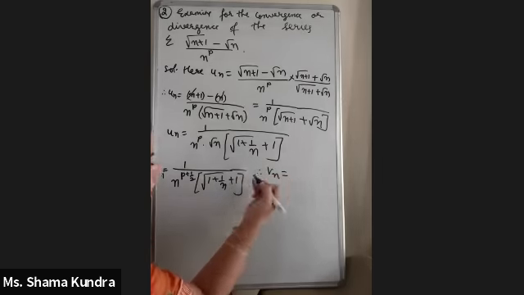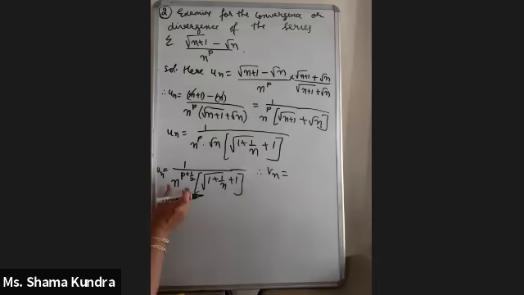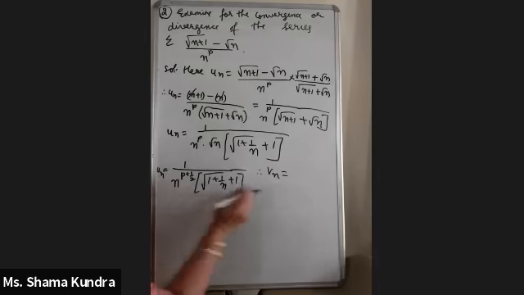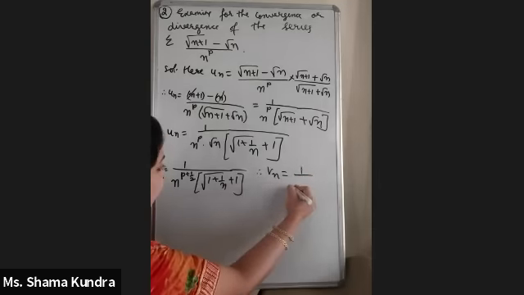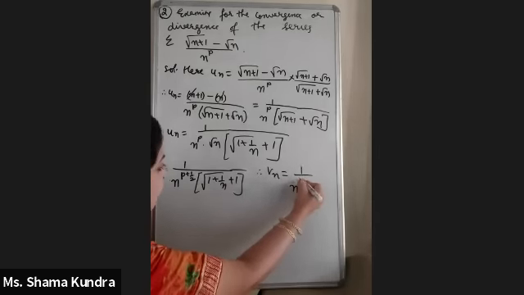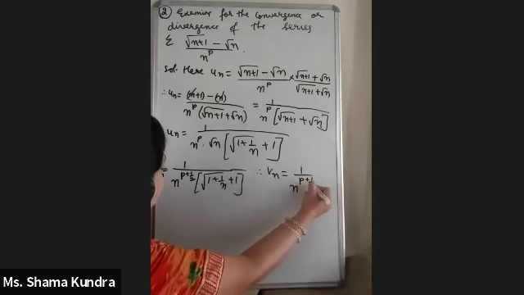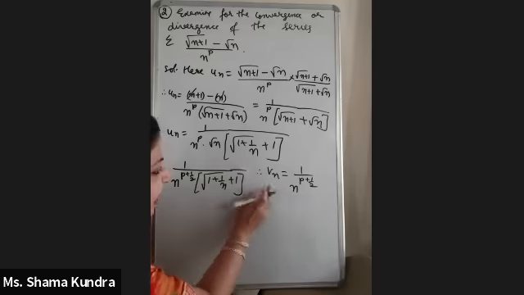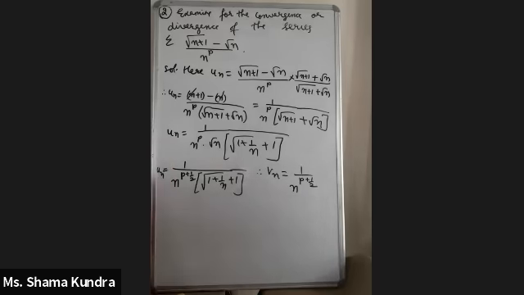And what will be the value of vn? The highest power of n which is taken common is p plus 1 by 2.